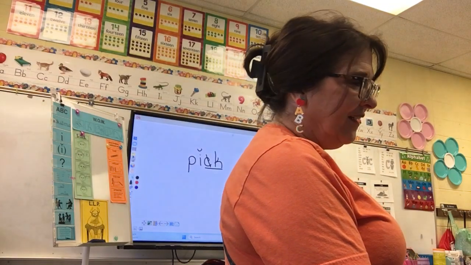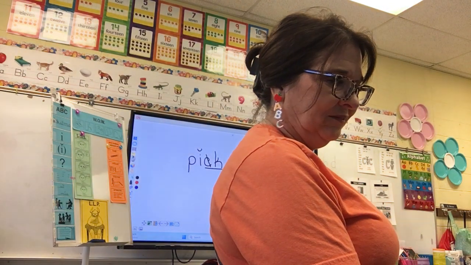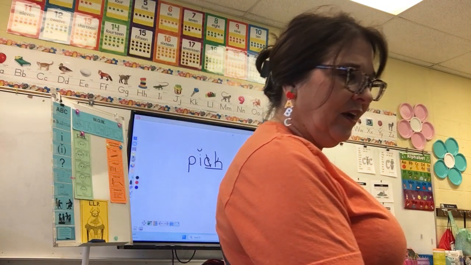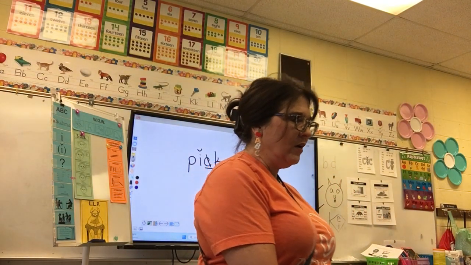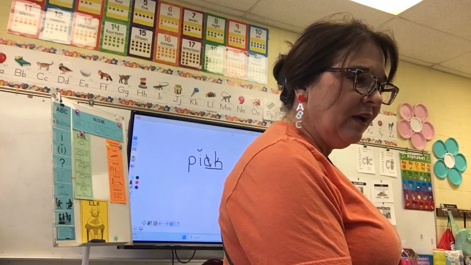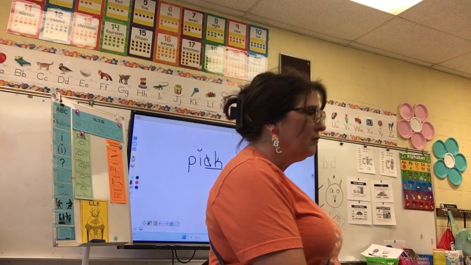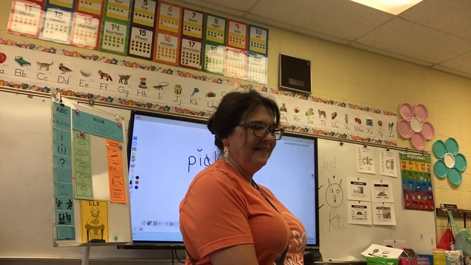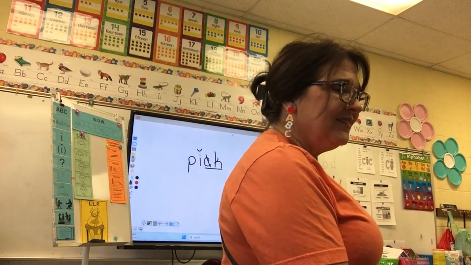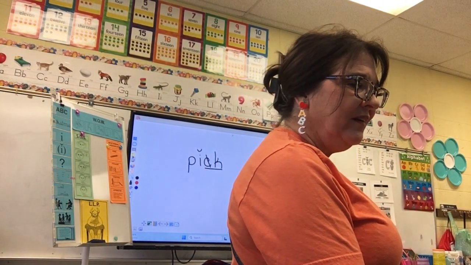Okay. Ready? Read. Look, stop, nip. Very good. Okay, so row 4, if you need to code, you can code those words. If you don't have to. All right. Ready? Let's read.